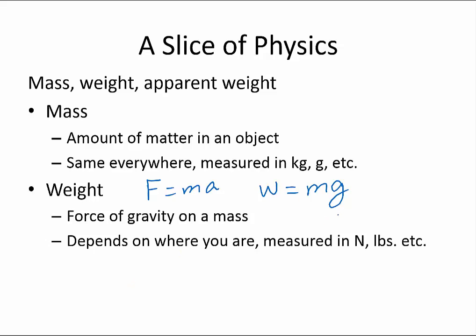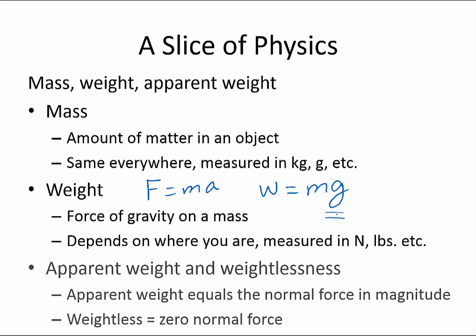And so it depends on where you are, because the acceleration due to gravity is different on the surface of the Earth, far from the surface of the Earth, on the surface of the Moon, etc. And finally, we discussed apparent weight, which is related to weight, but it's not the same thing. It actually is the magnitude of the normal force between you and the surface that you're standing on. And so if you're not connected to a surface, such as in free fall, you will have no normal force, and so you will feel weightless.